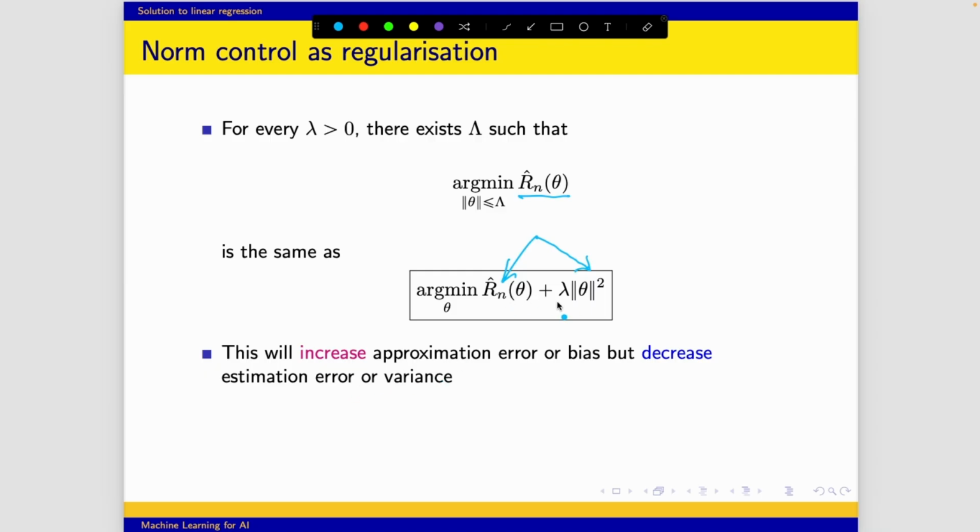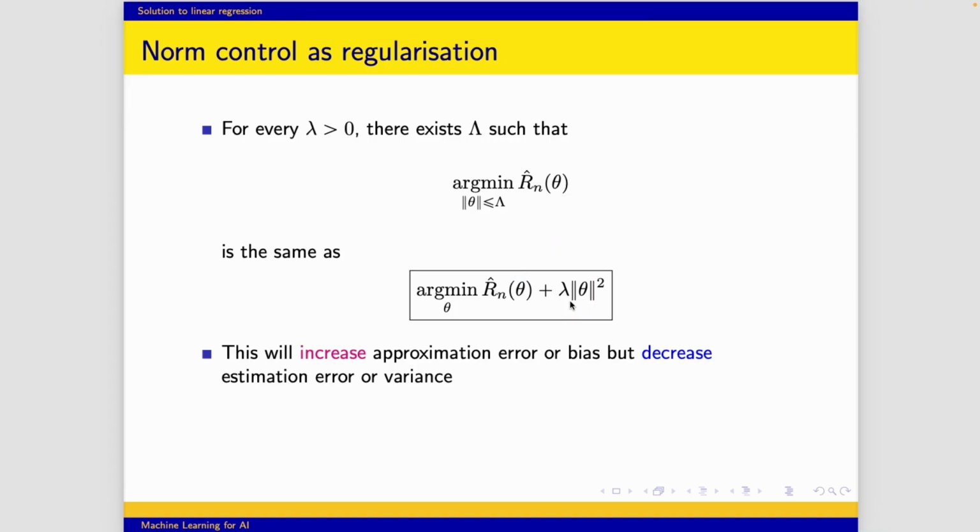But we have a trade-off. The idea is that we decrease this estimation error more than we increase the approximation error if we keep this lambda small. So this lambda here is going to be key in all of this as well.